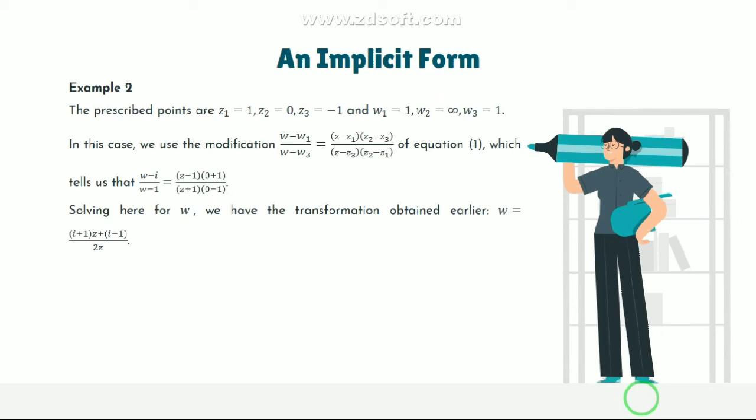We only substitute the values of z1, z2, z3, w1, w2, and w3. Solving here for w, we have the transformation obtained earlier: w equal to ((i + 1)z + i - 1) over 2z.